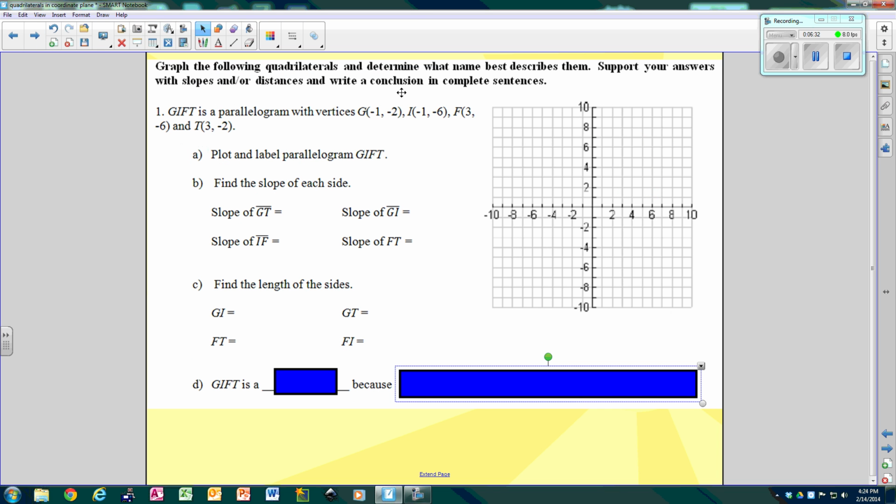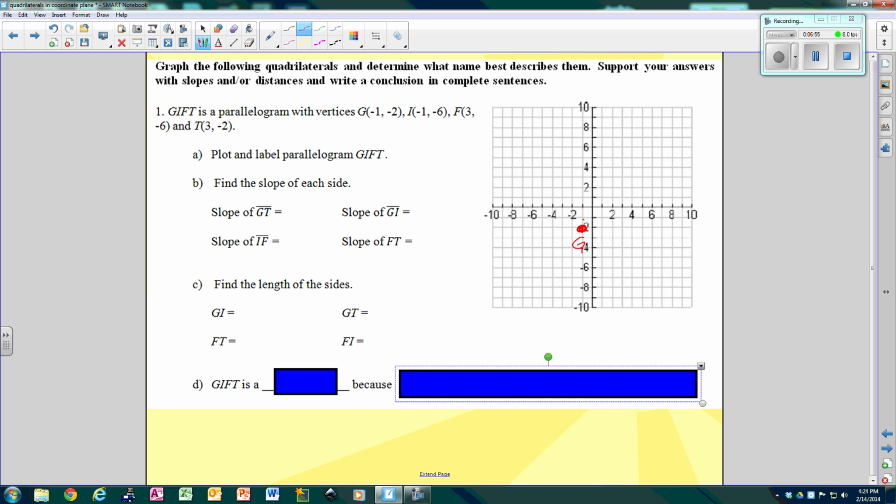This time we're going to graph the following quadrilaterals and determine what name best describes them. We have to support our answers with slope or distance and write a conclusion in a complete sentence. So we're going to plot parallelogram GIFT. Okay, so let's plot GIFT. So -1, -2.